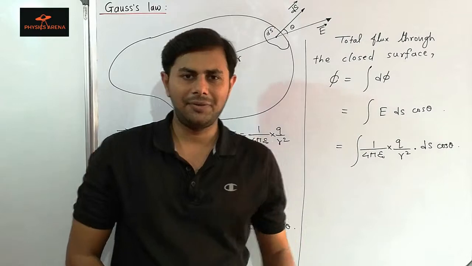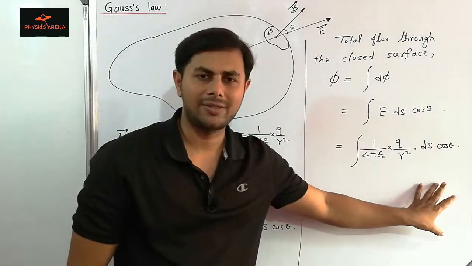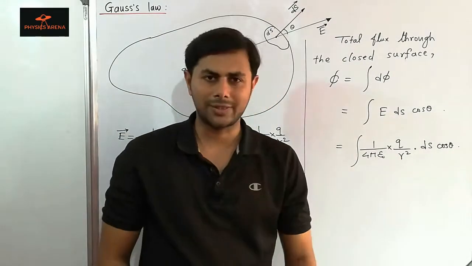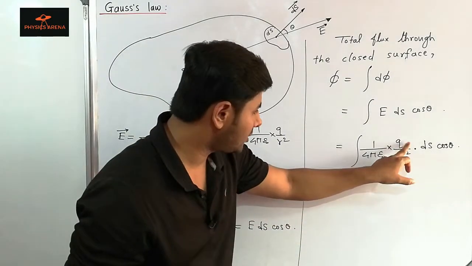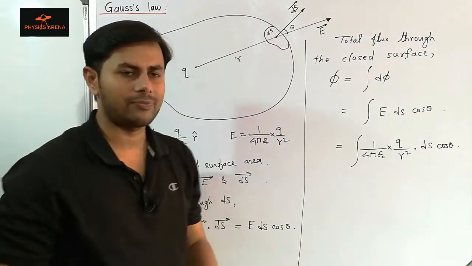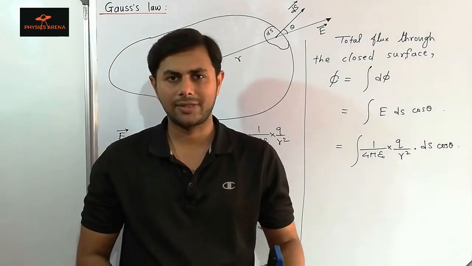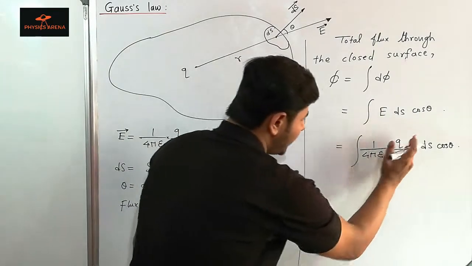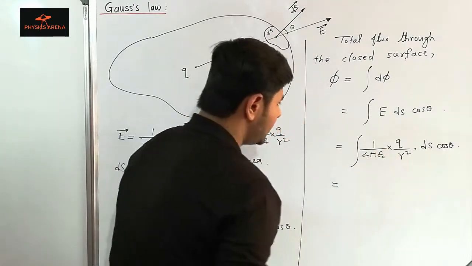Now let's identify what are variables and what are constants. So Q is constant, 4 pi is a constant, epsilon naught, which is the permittivity of free space, is another constant. So we can take them all outside of this integral.